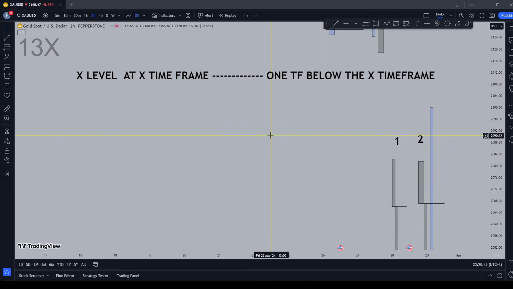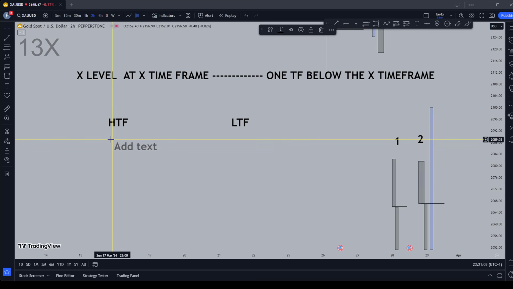I'm going to show you the time frames I'm using for the 13X strategy. Here, higher time frame, lower time frame. For higher time frame, I'm going to use 4 hours, 2 hours, 1 hour, 30 minutes.